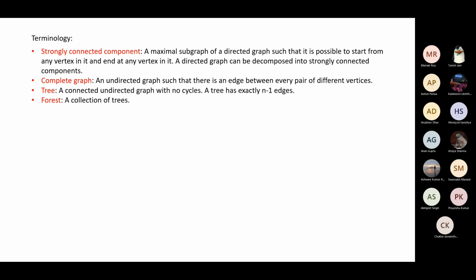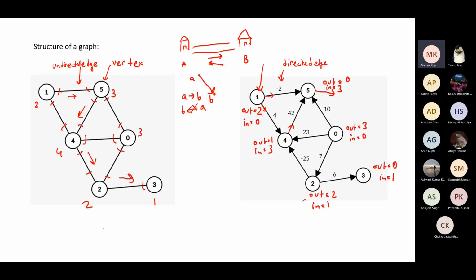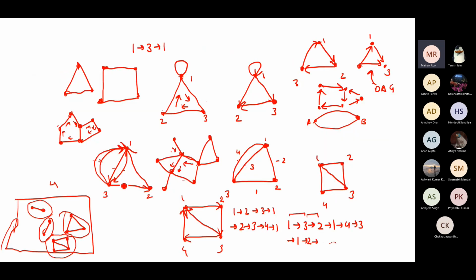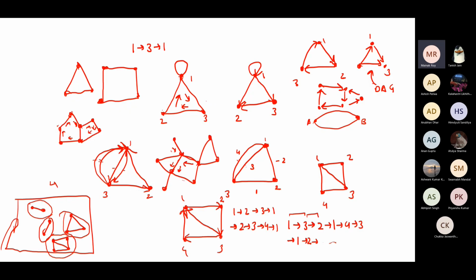So a directed graph can be decomposed into strongly connected components, just like for undirected graphs, you can make connected components out of them. This graph I gave as an example, each vertex by itself forms a strongly connected component, but there are better examples.